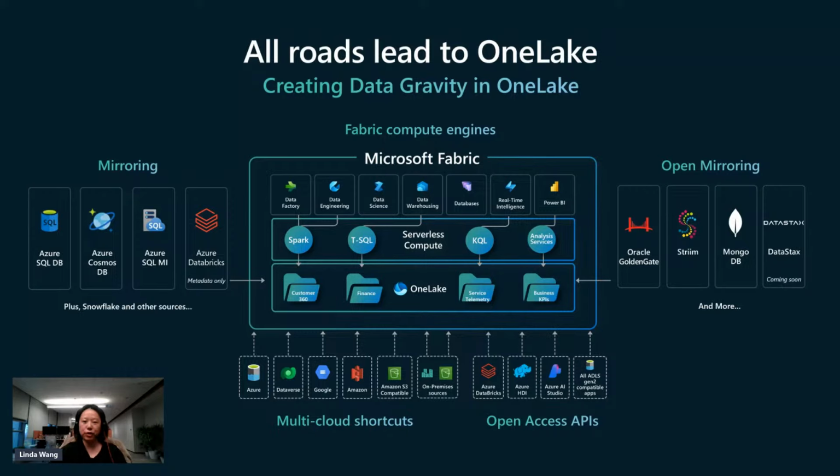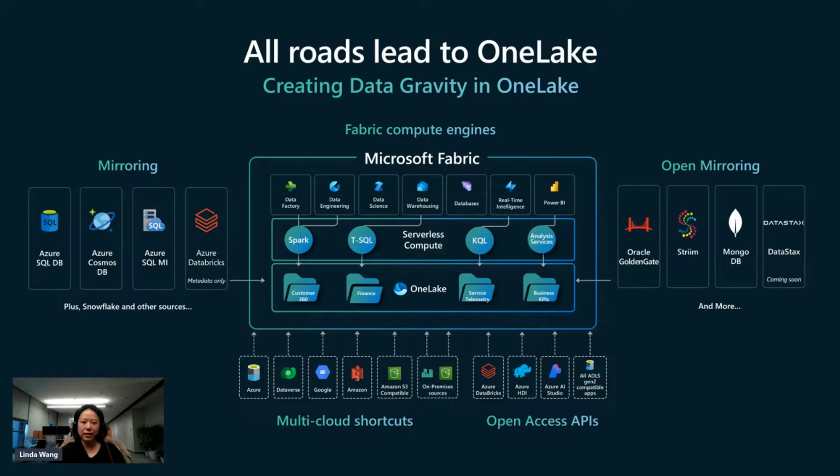And also on the right-hand side, we expanded the solution to provide an open mirroring framework, which you can use to build your own solutions to bring data into Fabric, or leverage the partner solutions that we provide out of the box as well.